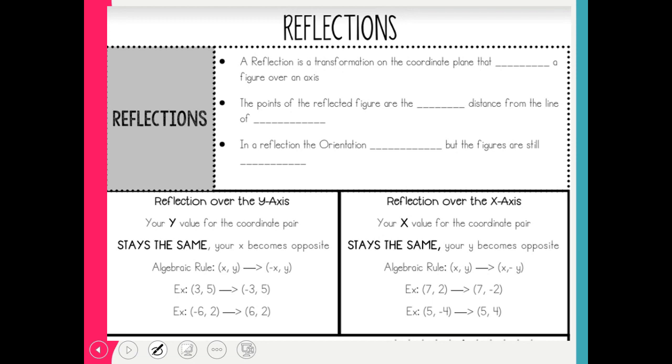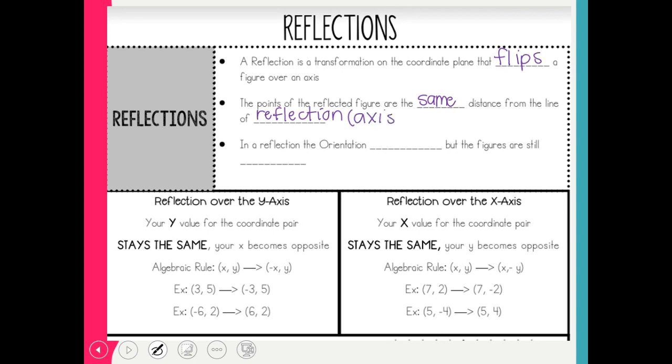It flips, right? So a reflection is a transformation on the coordinate plane that flips a figure over an axis. The points of the reflected figure are the same distance from the line of reflection, or the axis.